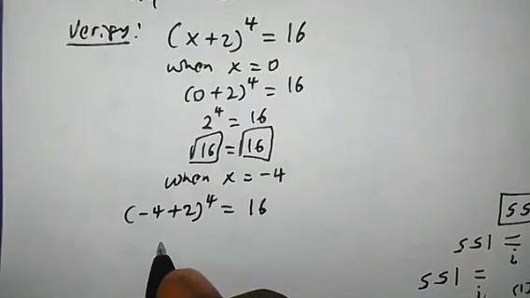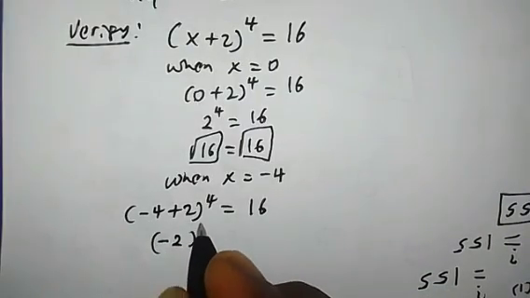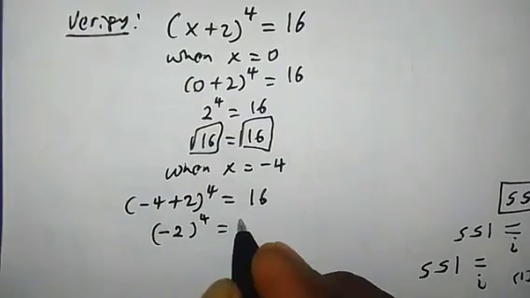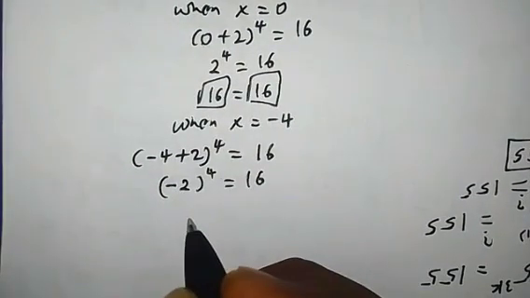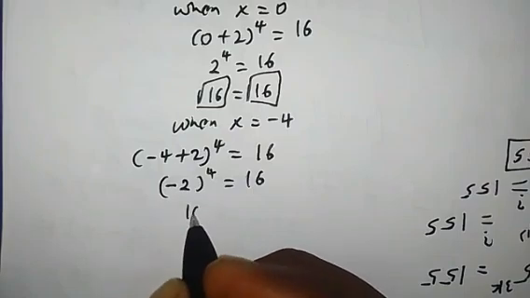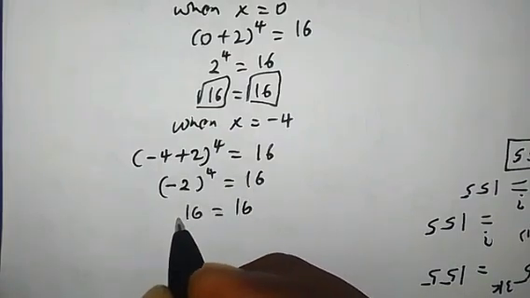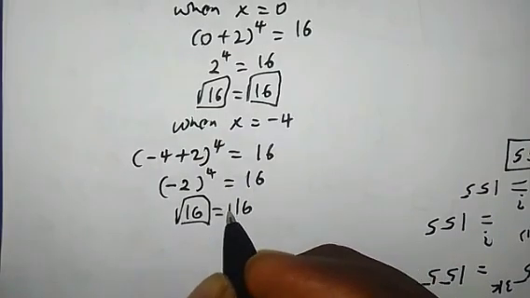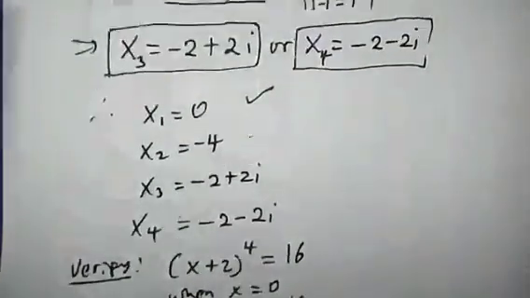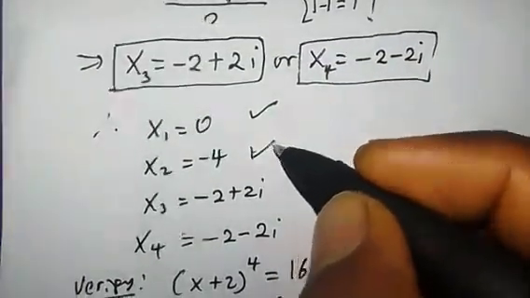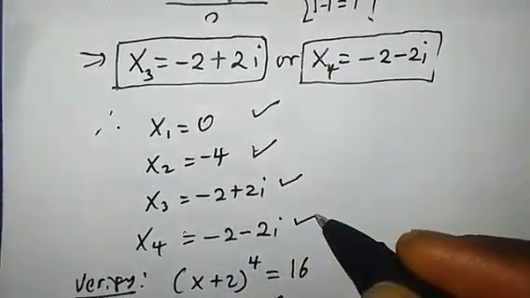Minus 4 plus 2, that is minus 2, to the power of 4 equal to 16. Minus 2 to the power of 4, if you plug into your calculator, that is simply 16, equal to 16. The left hand side also here is equal to the right hand side. That means the second solution is also correct. Likewise, the third and the fourth one.